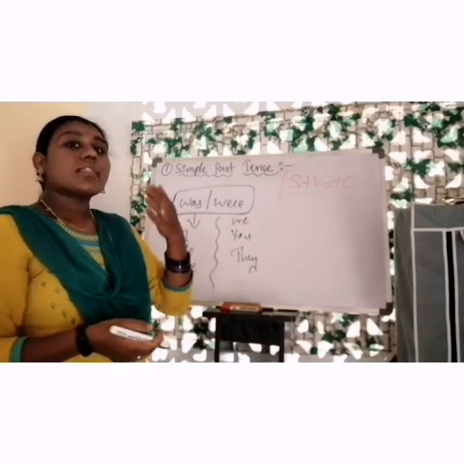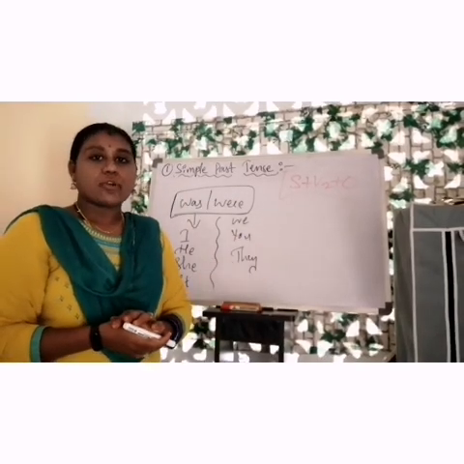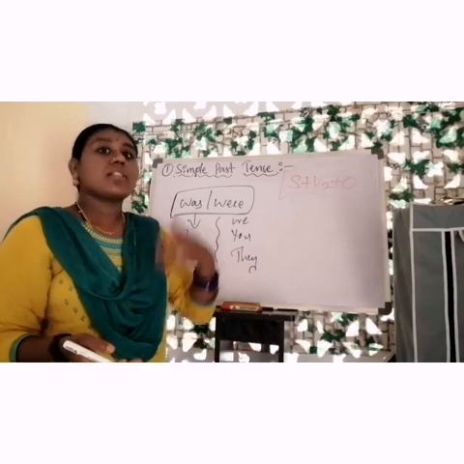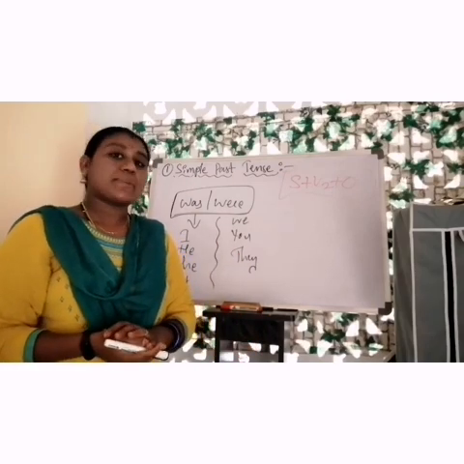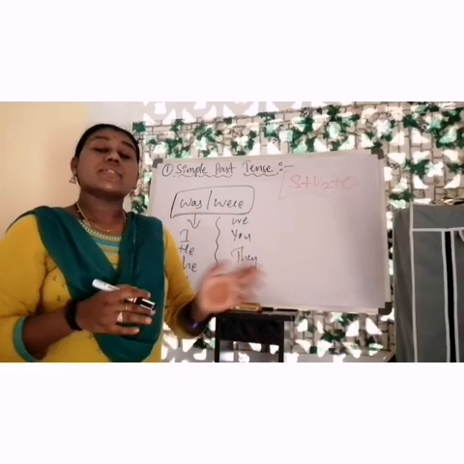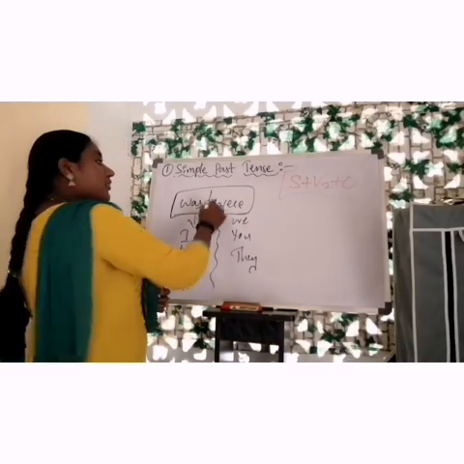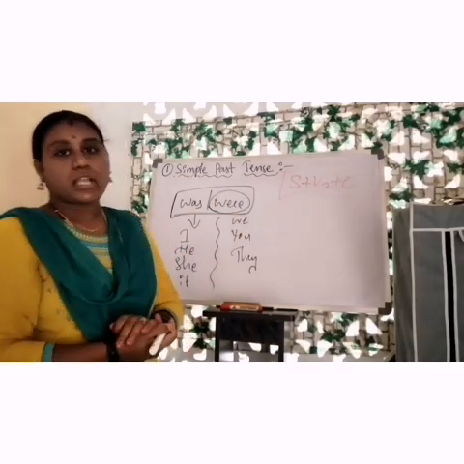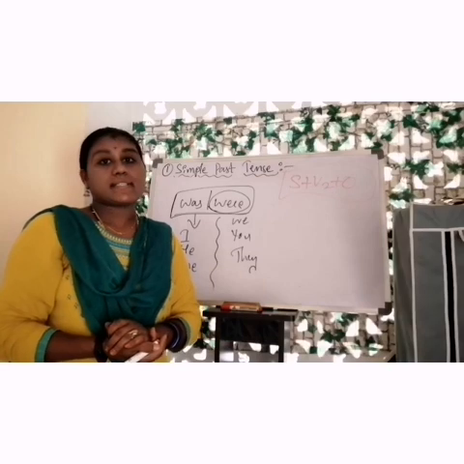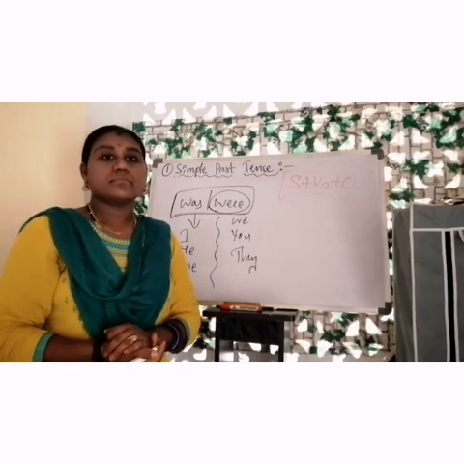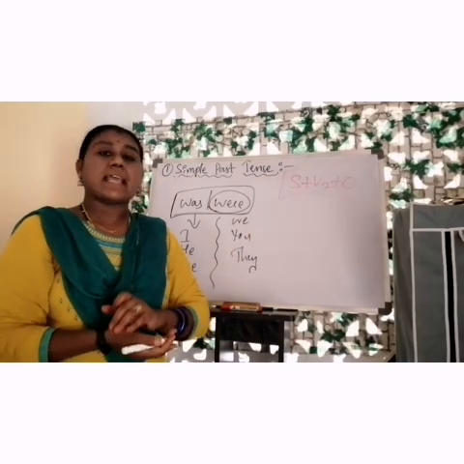For example, they were friends. They were friends last year, but not at present. So there we are using were. I was a teacher, we can say, or she was a teacher.